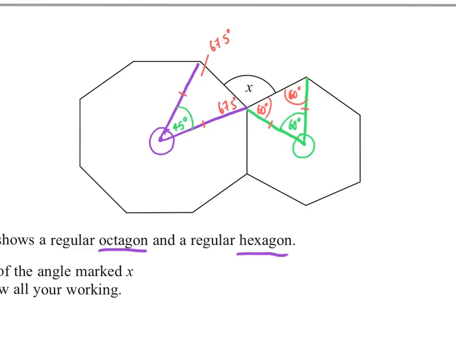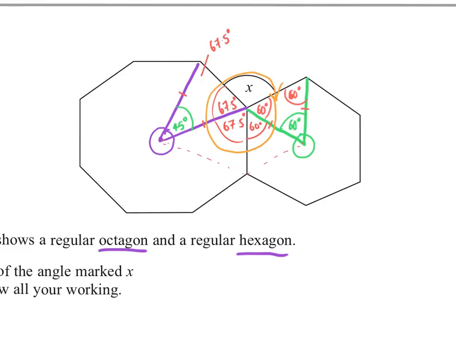Now, the nice thing is that if we did this again, then we'd have another 67.5 here, and then if we did this one here, we'd have another 60 here. And the nice thing is that if we go around, and we'll use another colour here, if I started here and went all the way around back to the start again, that would be 360, wouldn't it?